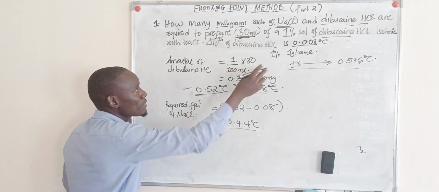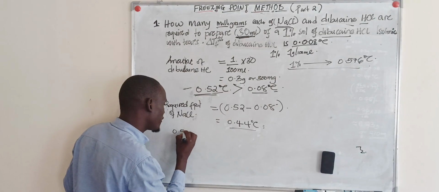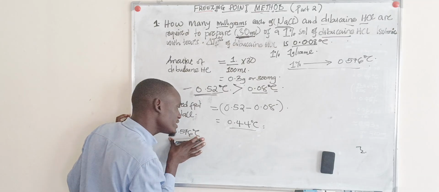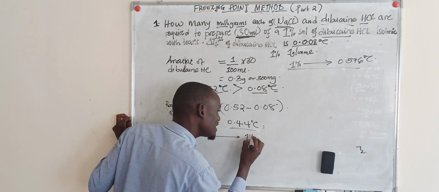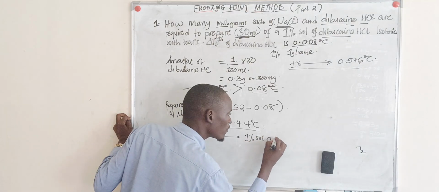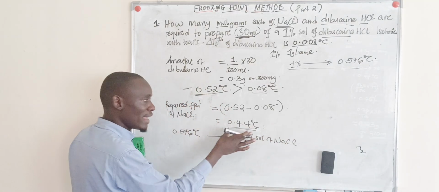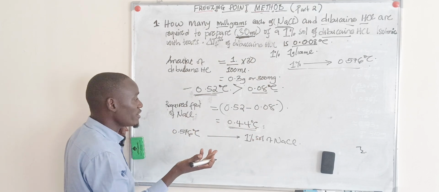So we shall say from first principle that if 0.576 degrees C is the freezing point depression produced by a 1% solution of sodium chloride, how about the remainder, the required one that provides the isotonicity modifier?